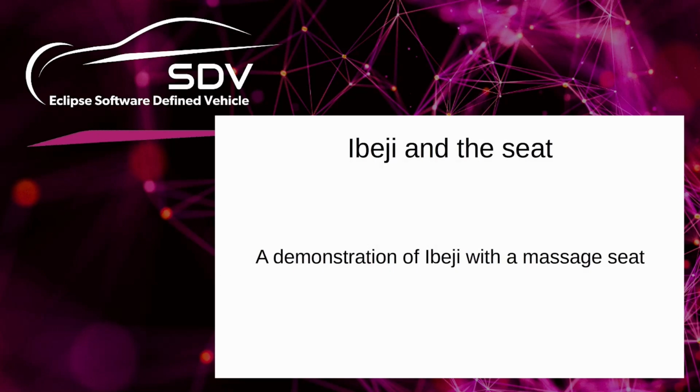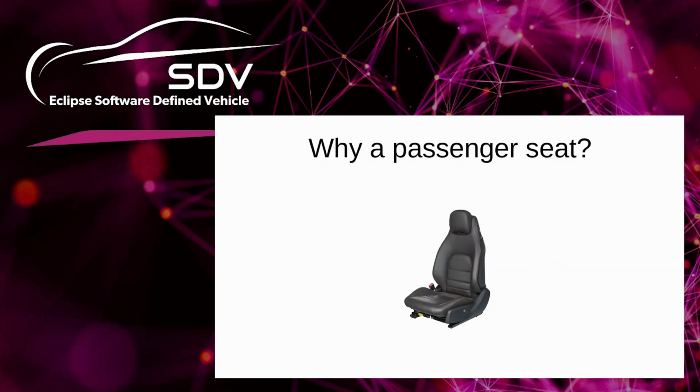Hello and welcome to the demonstration of Ibeji with a seat. I want to show you why we chose a seat. The seat gives comfort while driving, and it can lead to stress reduction if the seat is comfortable. Additionally, we have the ability to give additional functionalities like massage or heating and cooling while driving.